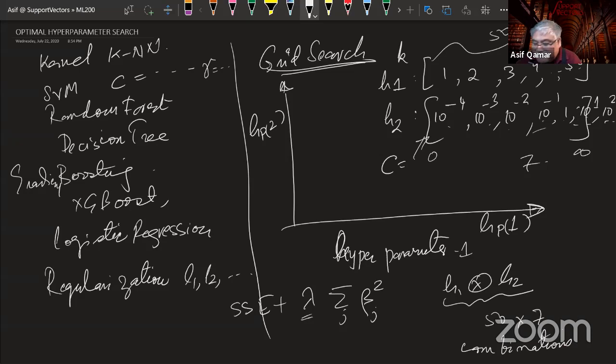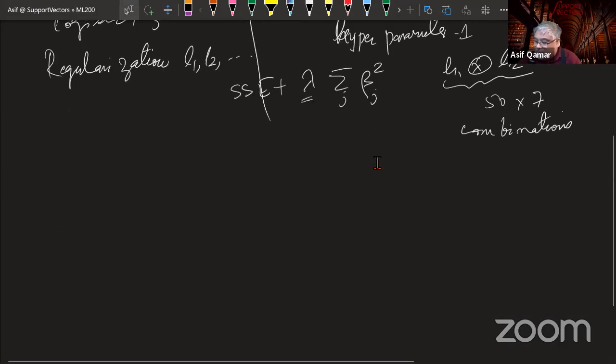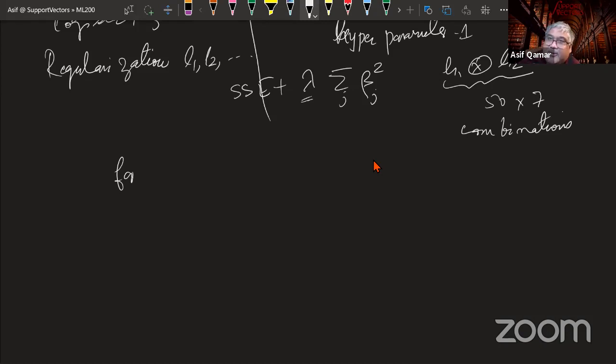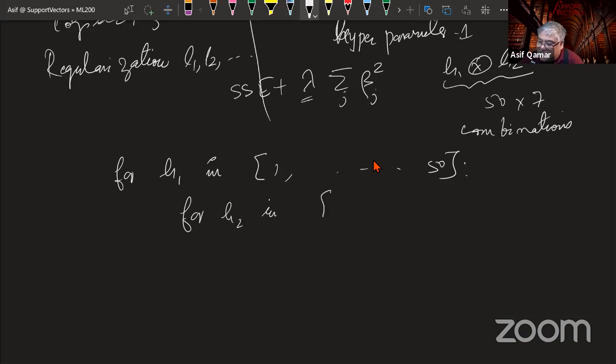Quite often, the grid search approach suggests that you take for H1 in 1 to 50, for H2 in 10 to the minus 4, 10 to the minus 3, 10 to the minus 2, 10 to the minus 1, 1, 10, 100.